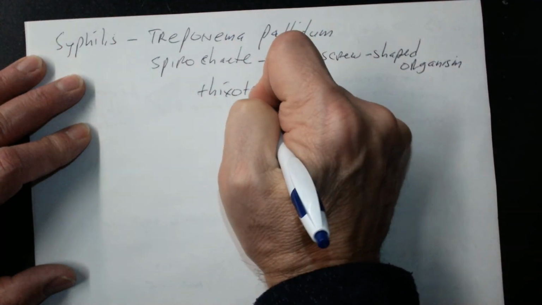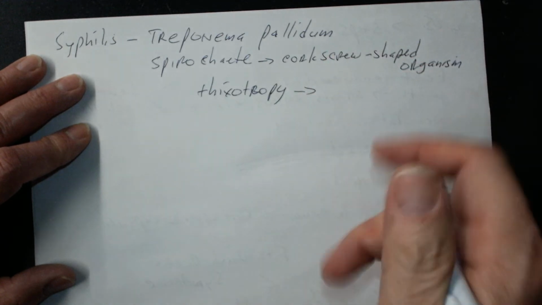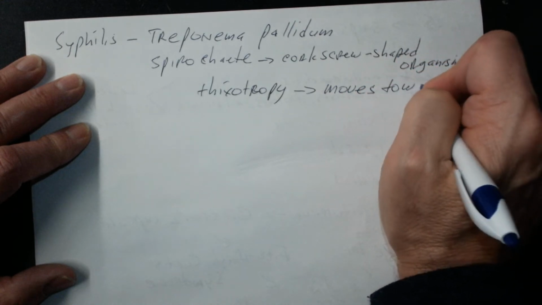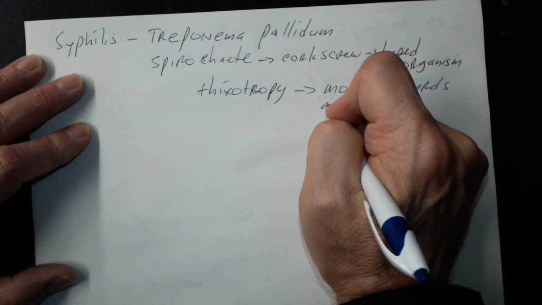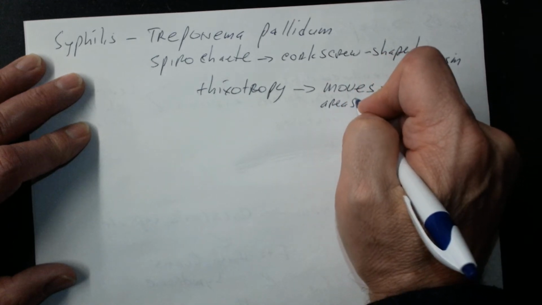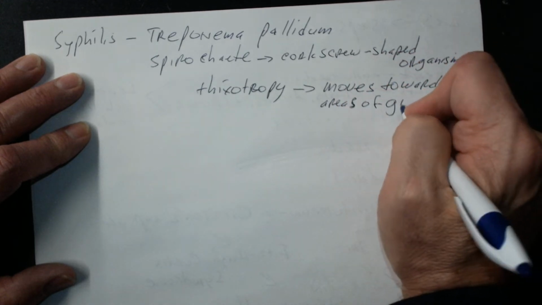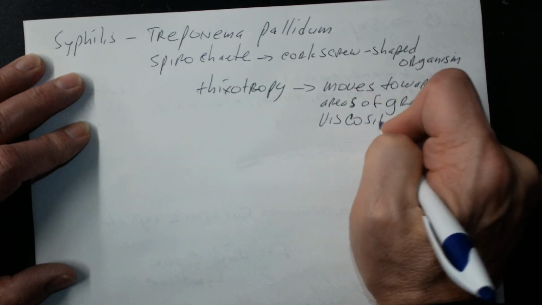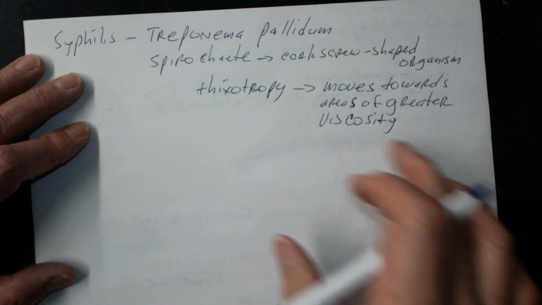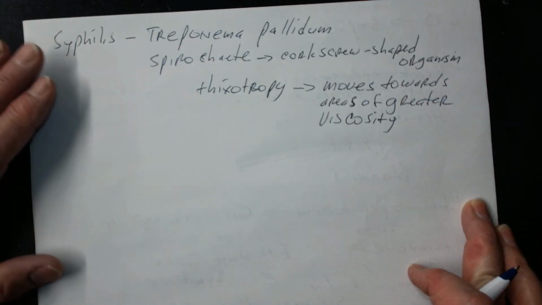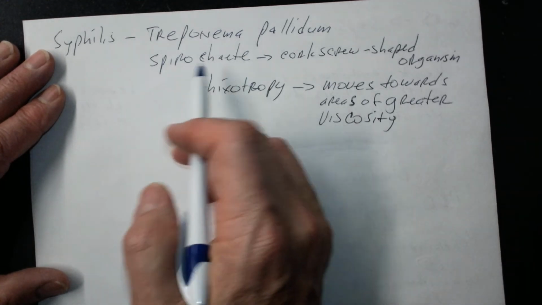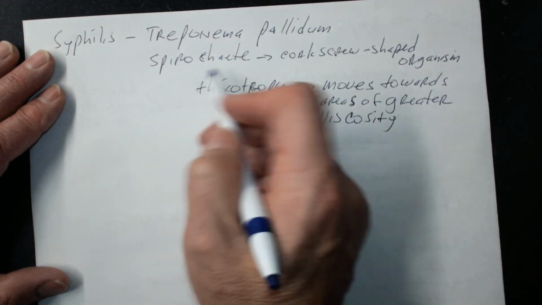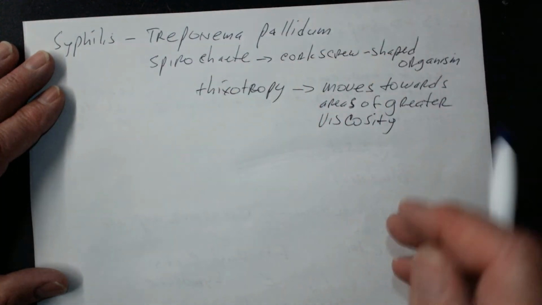Namely, it moves towards areas of greater viscosity. That's unusual. Most organisms move away from areas of greater viscosity. I spelled spirochete the British way. Americans would not put the A in there. I spelled it the British way, so sue me.